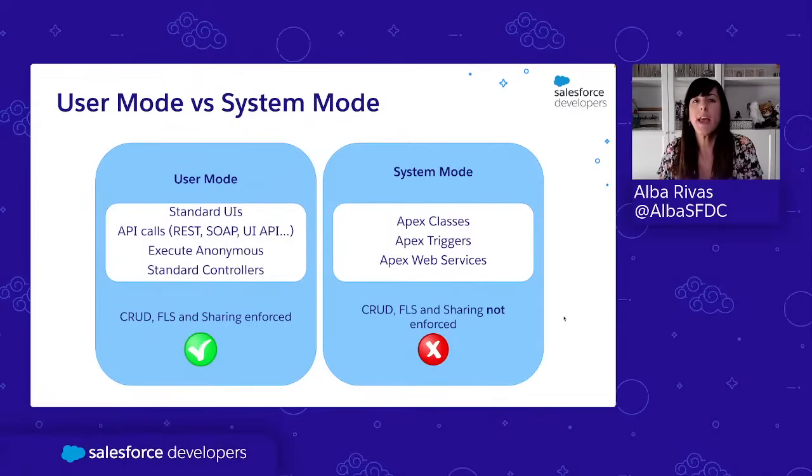So in which places does Salesforce enforce data security by default? Well, most of them, okay? If you are doing create, update, read, delete operations through the standard UIs, or through any of the APIs, or through execute anonymous, or through a Visualforce standard controller, even through Lightning Web Components when you use Lightning form components or the Lightning Data Service.